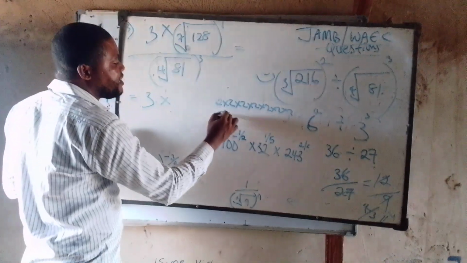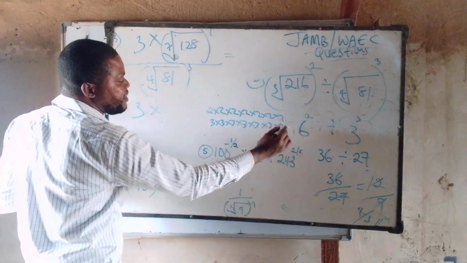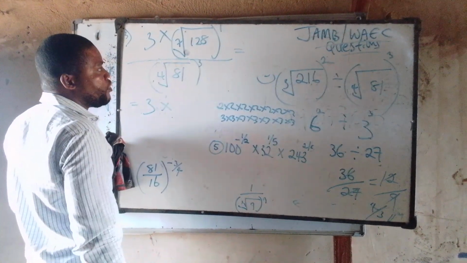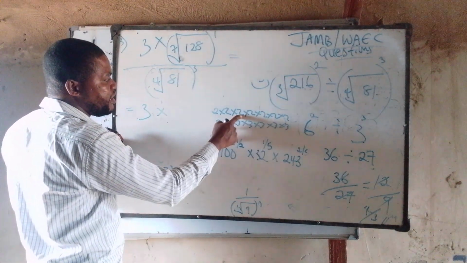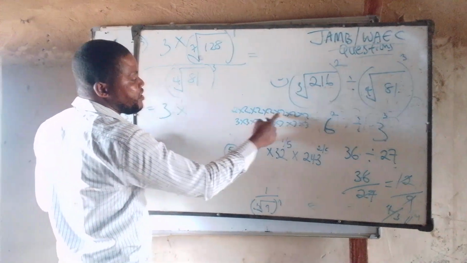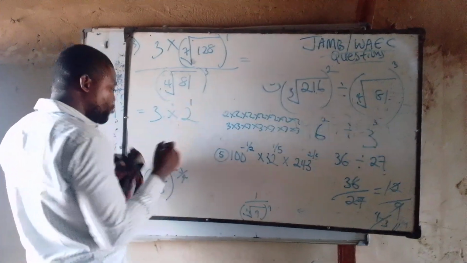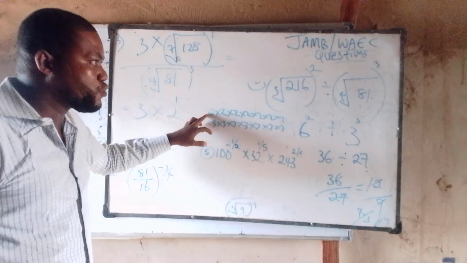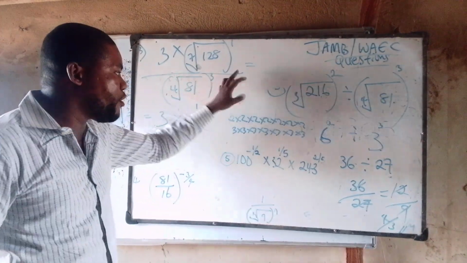Then I try 3 times 3 times 3 times 3 times 3 times 3 times 3. 1, 2, 3, 4, 5, 6, 7. Which of them will give me 128? 2 times 2 is 4. 4 times 2 is what? 8. 8 times 2 is 16, 32, 64, 128. My answer is what? It is 2. This one cannot go. This one will give me more than 128. So 2 times 2 times 2 times 2 in 7 places will give me 128.